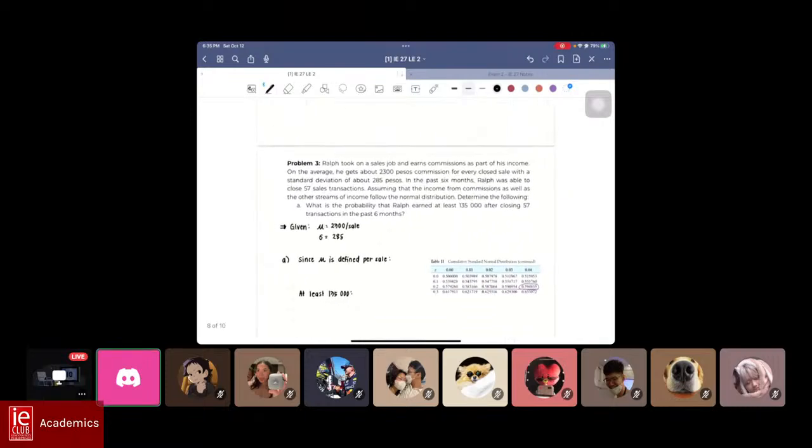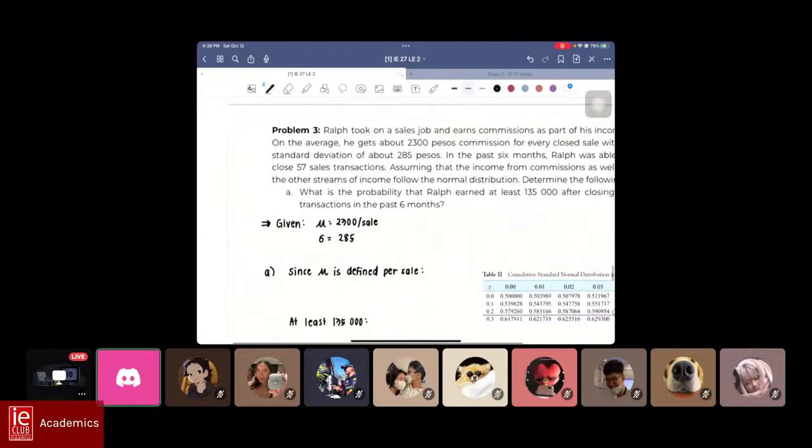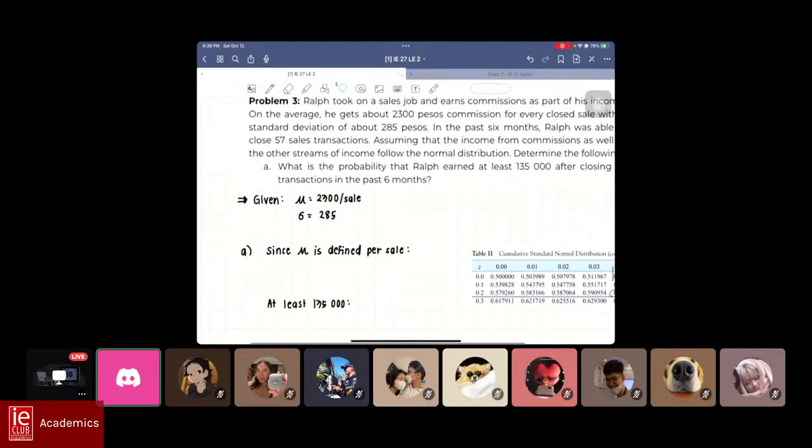So the first is, what is the probability that Ralph earned at least 135,000 after closing 57 transactions in the past 6 months? So what we're given is the mean is 2,300 per sale, and then standard deviation naman daw is 285. So since our mean is defined per sale, so that we can use the formula na z is equal to x minus mu over sigma, we have to turn x into per sale also.